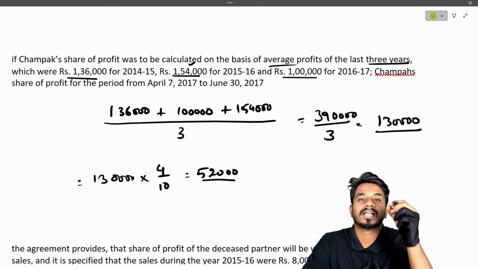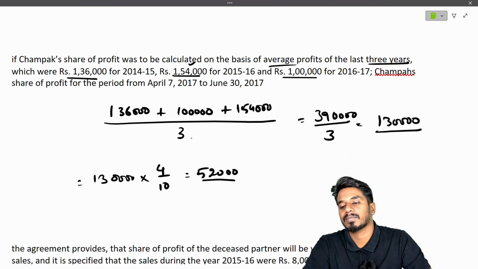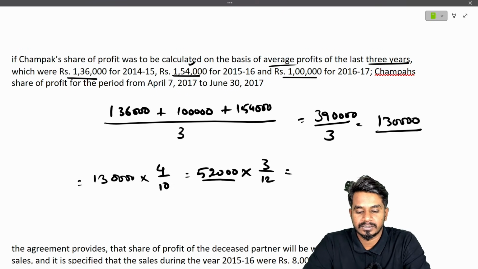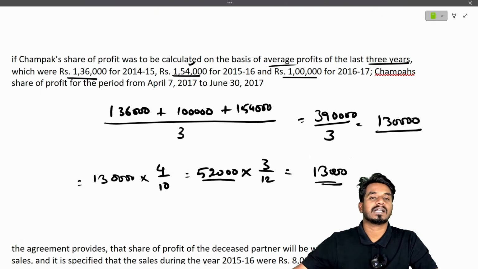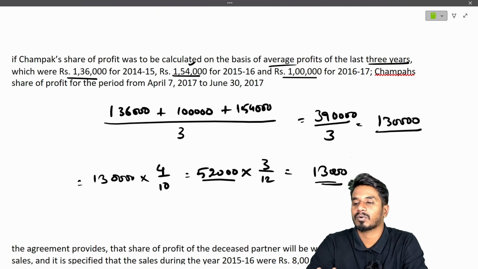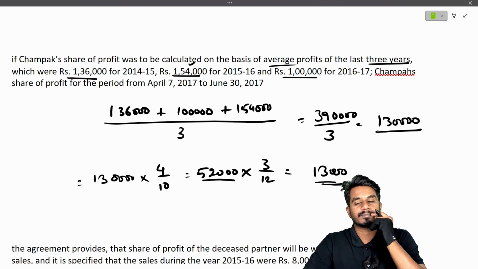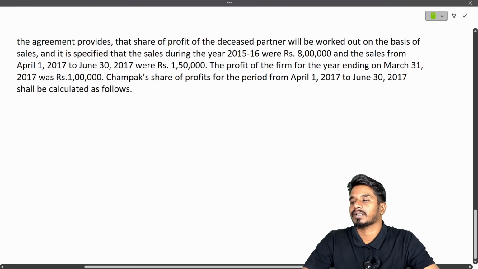This is for the entire year. If he was there the entire year, he would have got 52,000. But he was there only for 3 months out of 12 months. So 3 divided by 12 gives 13,000 rupees as the share of profit. This is how we calculate profit if they give average profits or multiple years' profit. We take the average and calculate it.